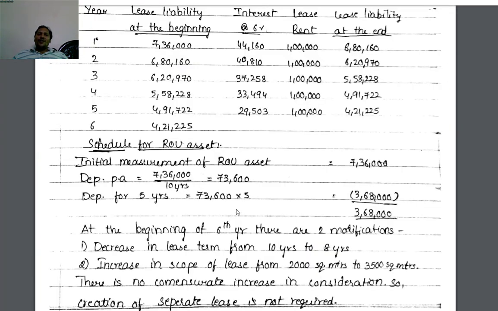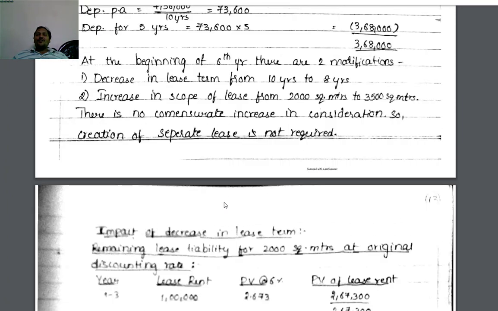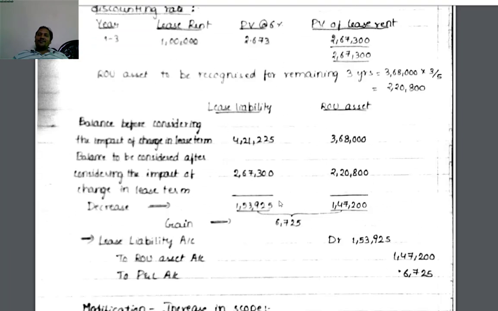Now the balance is 3,68,000. It should be reduced to 2,20,800. That is decrease of 1,47,200. Other way of arriving, simply 73,600 is the depreciation per annum. Now 2 years reduced. 73,600 into 2 years, 1,47,200. Other way of arriving.